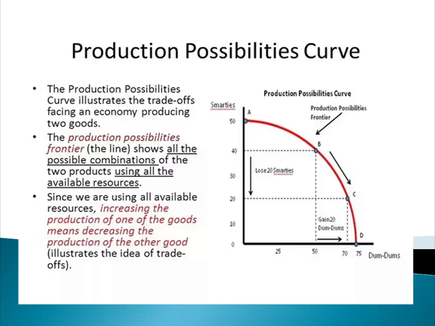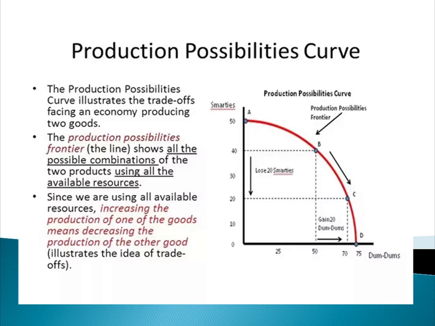What if they increase the production of dum-dums to point C? Because we are already using all the resources, if the economy needs to increase the production of dum-dums, it will move towards point C and come to 70 units. First they were producing 50 units, now they are producing 70 units.